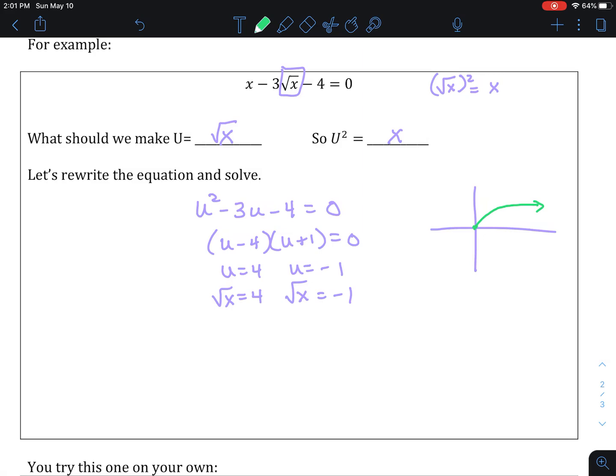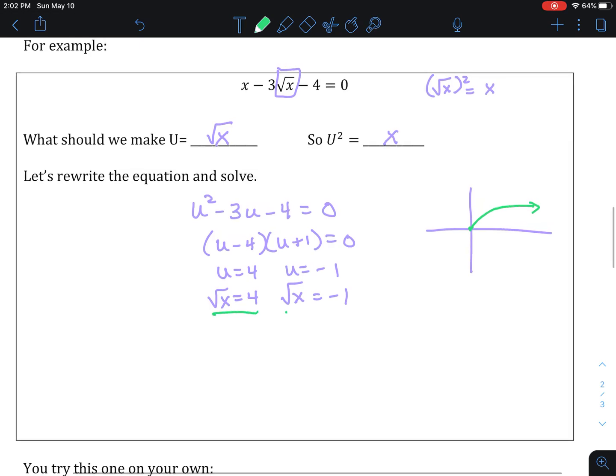And we've gotten to the point now where we want to call this the principal square root, okay? So the positive square root is the principal square root. And so if you think about what we got for our two solutions, the last step before we got them, we got the square root of x is equal to 4, and the square root of x is equal to -1.